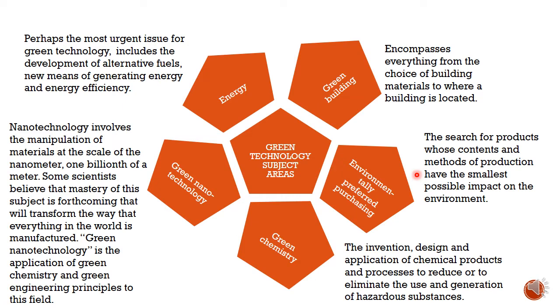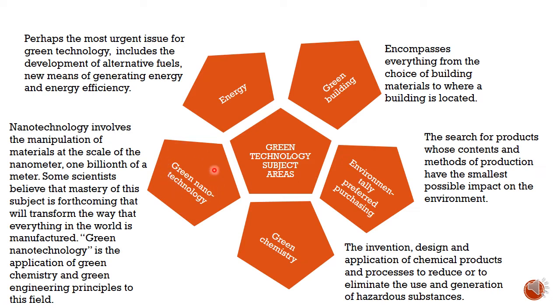And the third area is green chemistry. So the invention and design and application of chemical products and processes, this area aims to reduce or eliminate the use of hazardous substances.